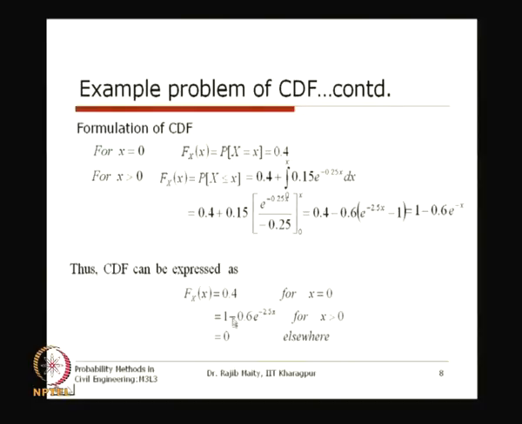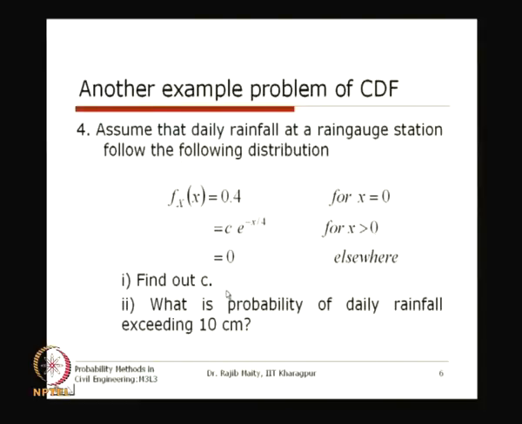With this final form of the CDF, we now put x equals 10 to get the probability. It is asking: what is the probability that rainfall exceeds 10 centimeters? We first calculate from this CDF the probability of daily rainfall less than or equal to 10 centimeters, and then deduct it from the total probability 1.